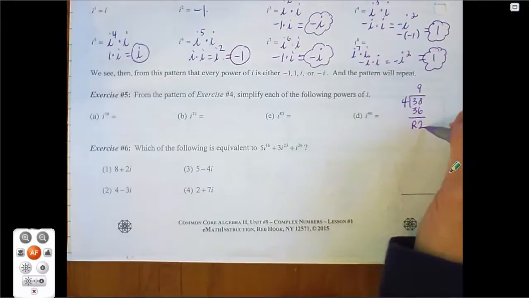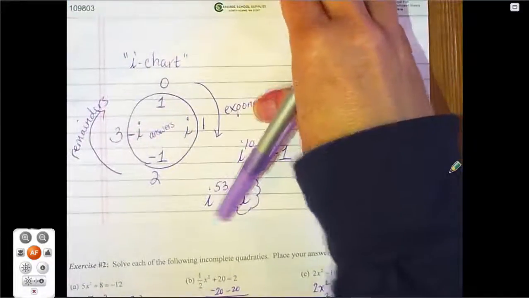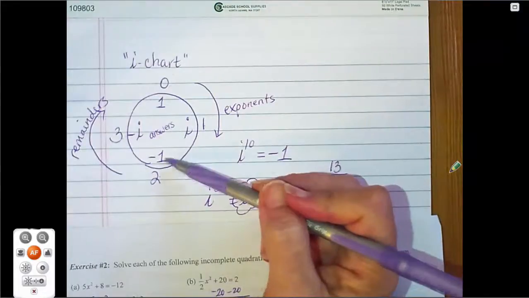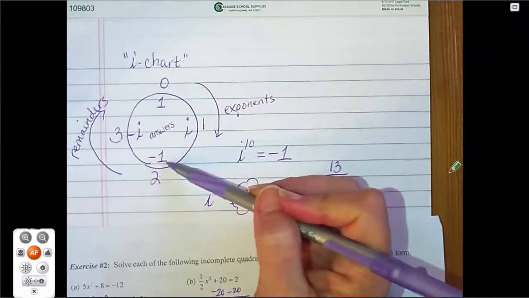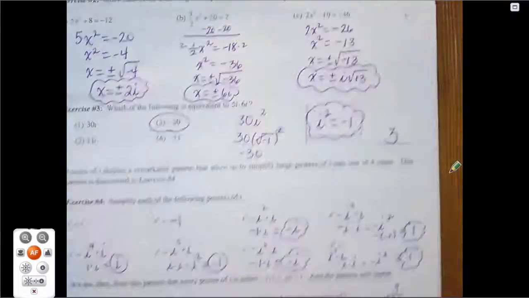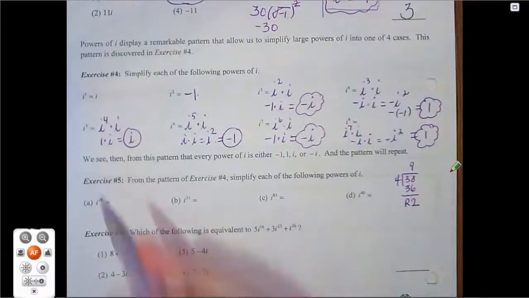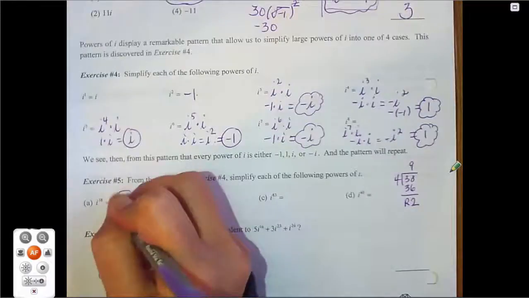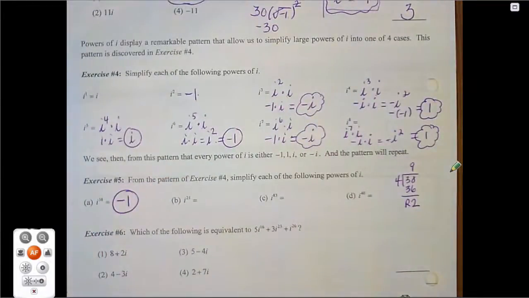Now you can either remember that i squared is -1, or look at your i chart for the remainder of 2 and look inside for the answer that's -1. So i to the 38th is -1. I'll do one more with you and leave the other 2 for you to try.